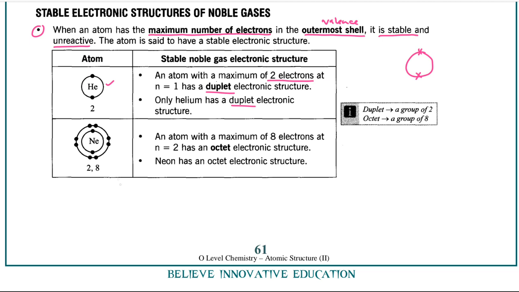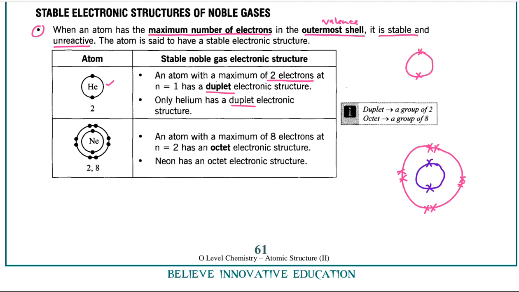Then we go to the other one, which is neon. We are supposing that it has 8 electrons within its outermost shell. For it to have 8 electrons in the outermost shell, we have to know that there is also the inner shell, the first shell, which can only accommodate 2 electrons.